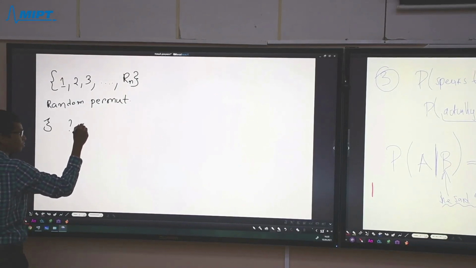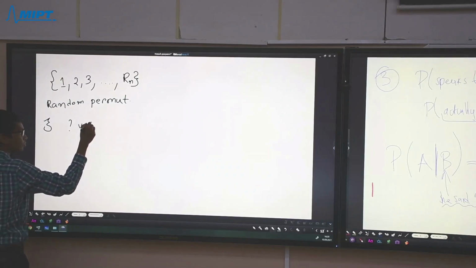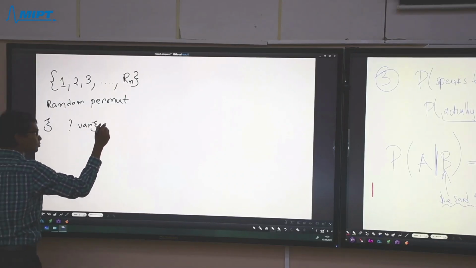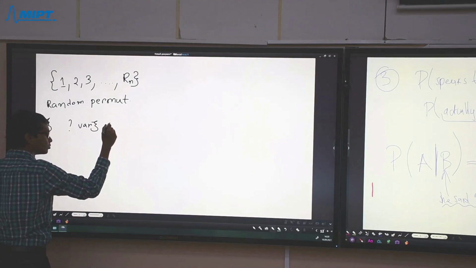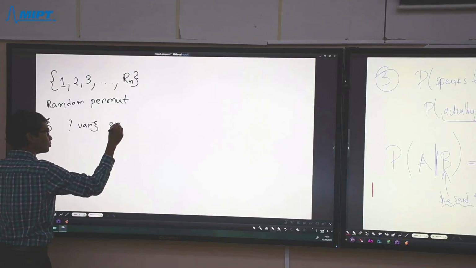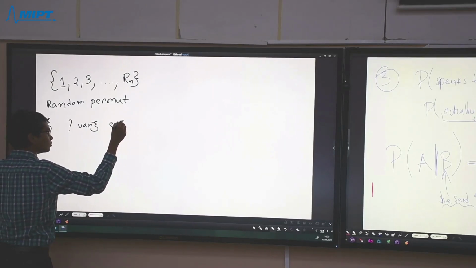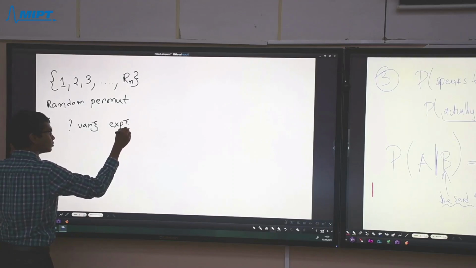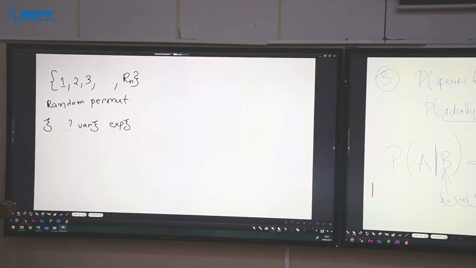For example, each of these numbers is just a student. So these are you, and somehow we change how you are sitting right now. And we have to look at the number of students which stay in the same place, right? So psi is the number staying in the same place.